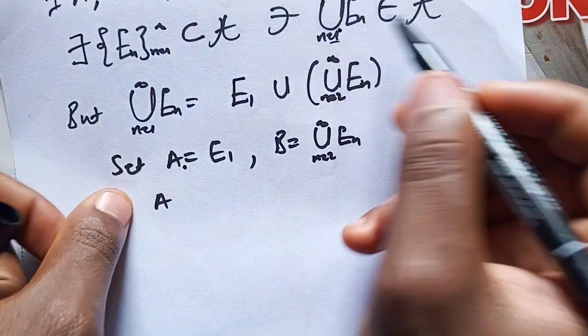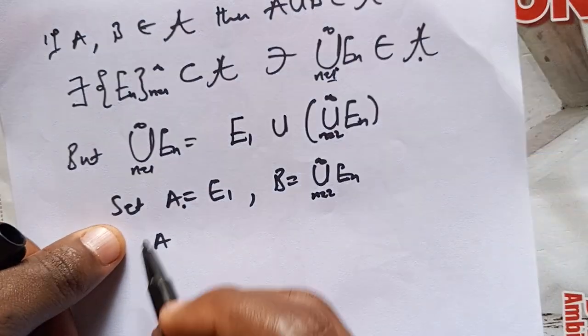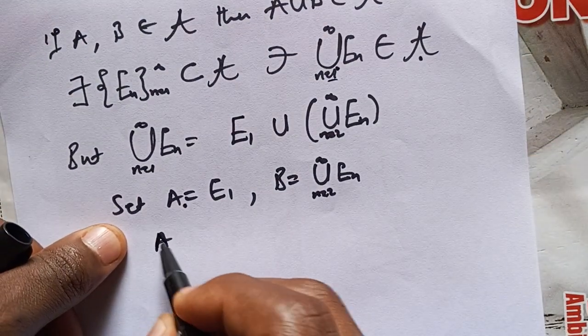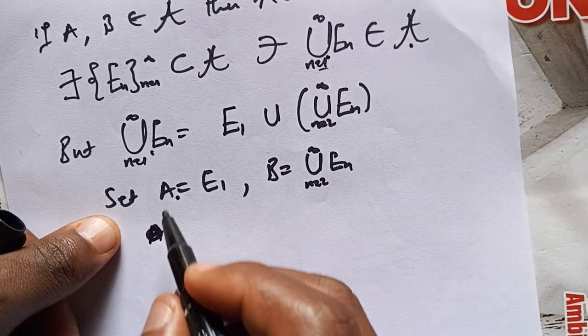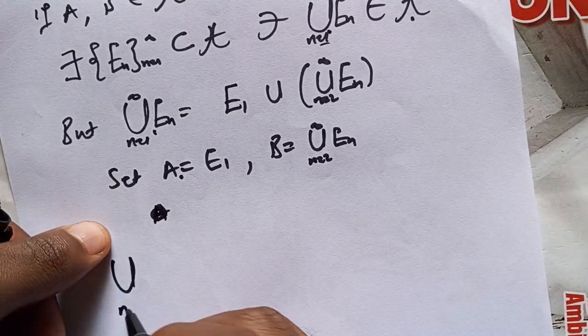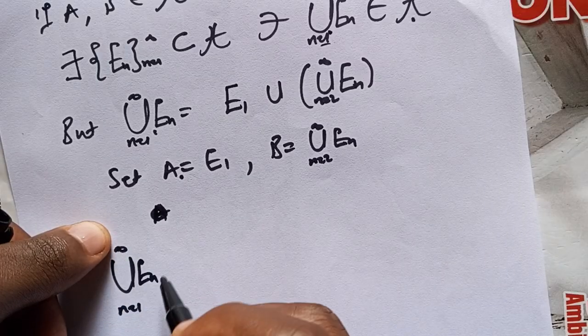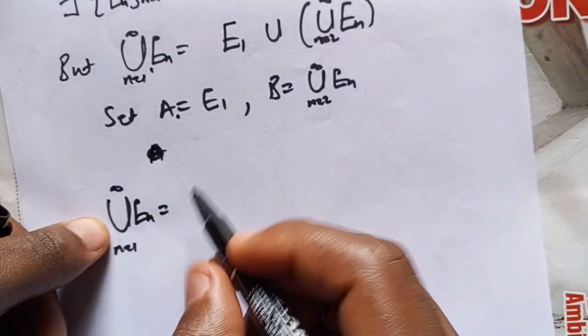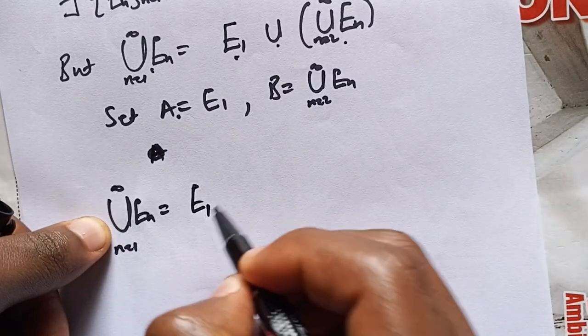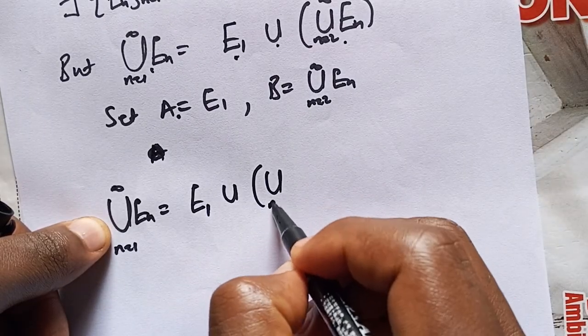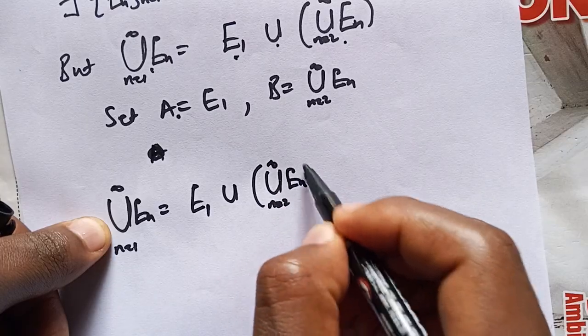Such that this is in the sigma algebra. So if we now look at this union again, the union n equal to 1 to infinity of En is equal to E1 union the union from 2 to infinity of En.